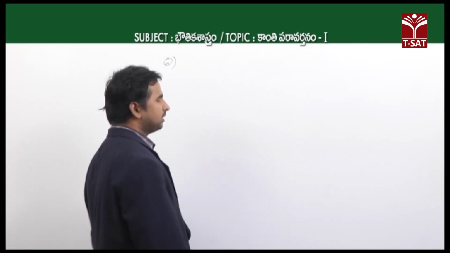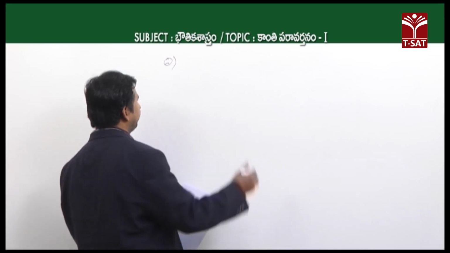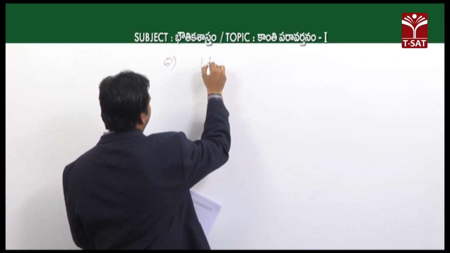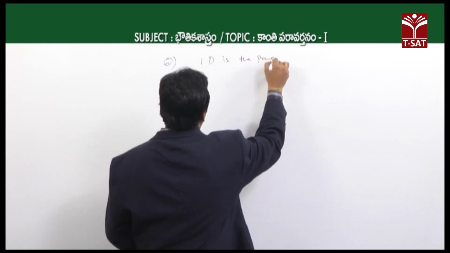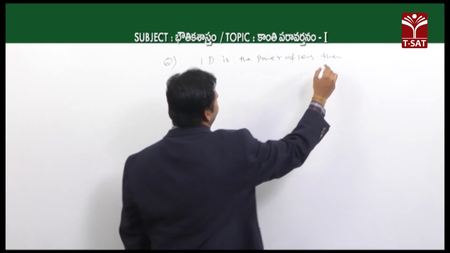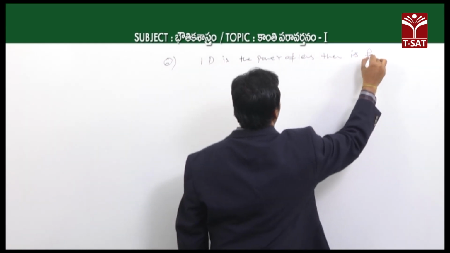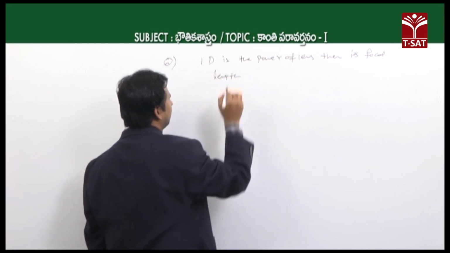Next question: if the power of the lens is given as 1D, then its focal length is, we need to find the focal length here.